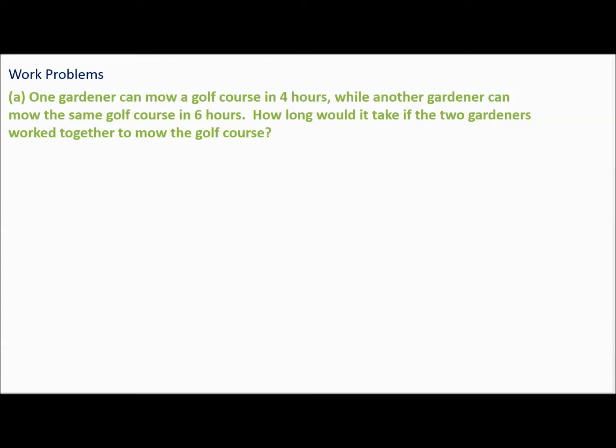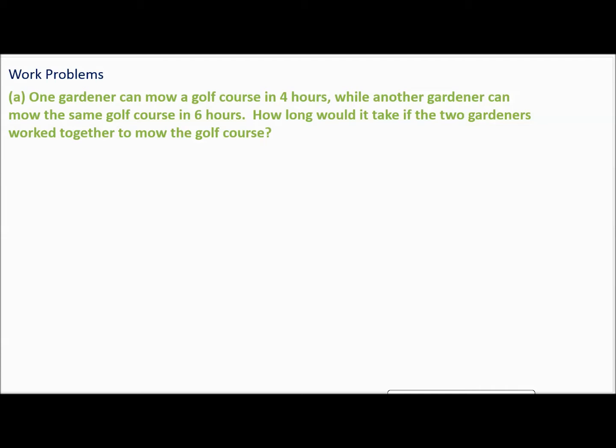Let's just think about one person mowing a golf course in 4 hours, okay? So you've got to think about how much could they mow in 1 hour. Would you agree that's 1/4 of the golf course? Because if they can mow it all in 4 hours, if you only work 1 hour of that, that would be 1/4 of the job.